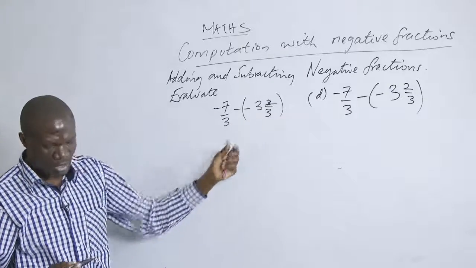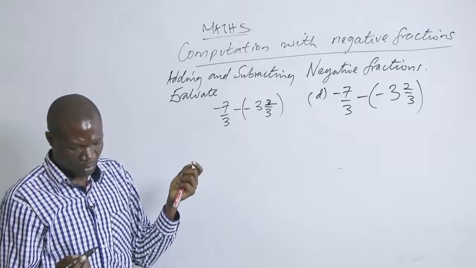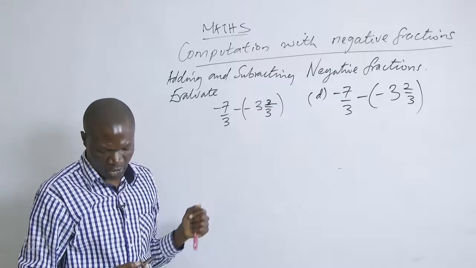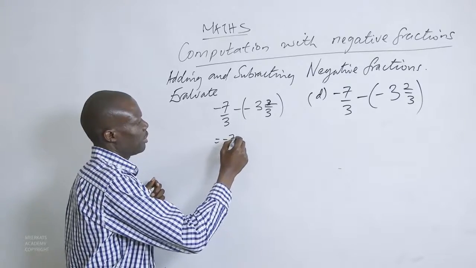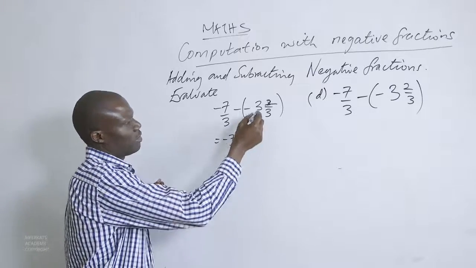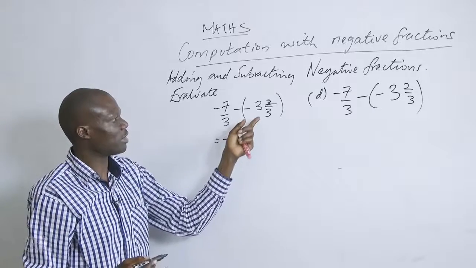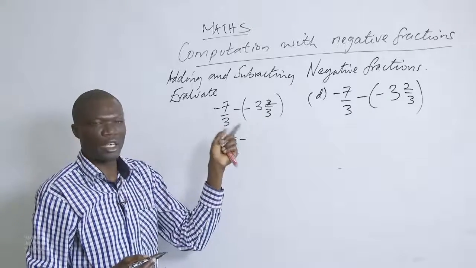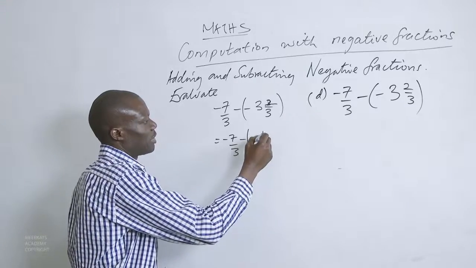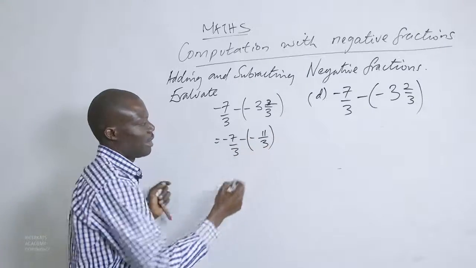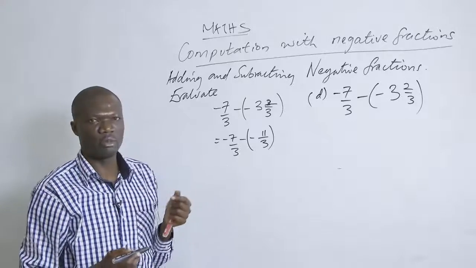We have to change this one into an improper fraction, and that means this one will be the same as minus 7 over 3 minus, if we change this one into improper, 3 times 3, which is 9, plus 2 gives us 11. So this is the same as minus 11 over 3. Now here we go. We are ready to move on.